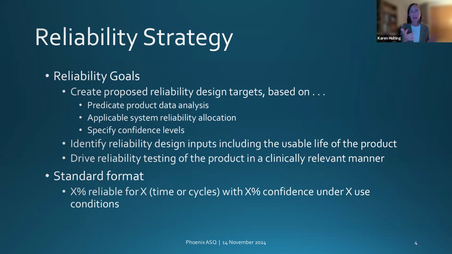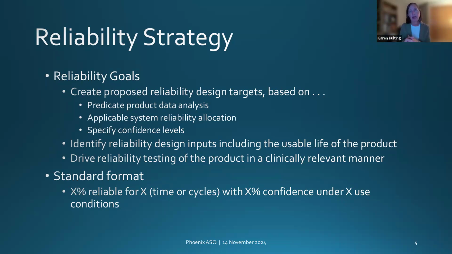So also looking into the reliability goals, we need to understand how long this product ought to last. We also need to understand that we want to do reliability testing of the clinical procedure, right? How is this product going to be used in a clinical or patient setting? If it's a medical device, if it's an automotive device, what is the use-case-relevant manner, right?